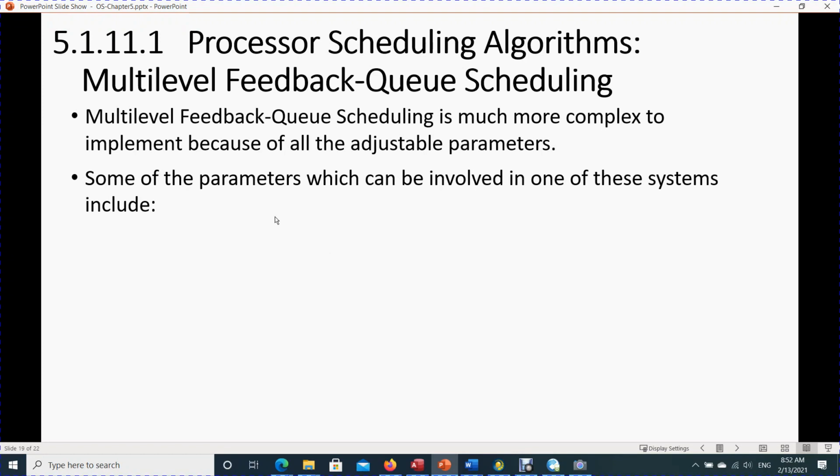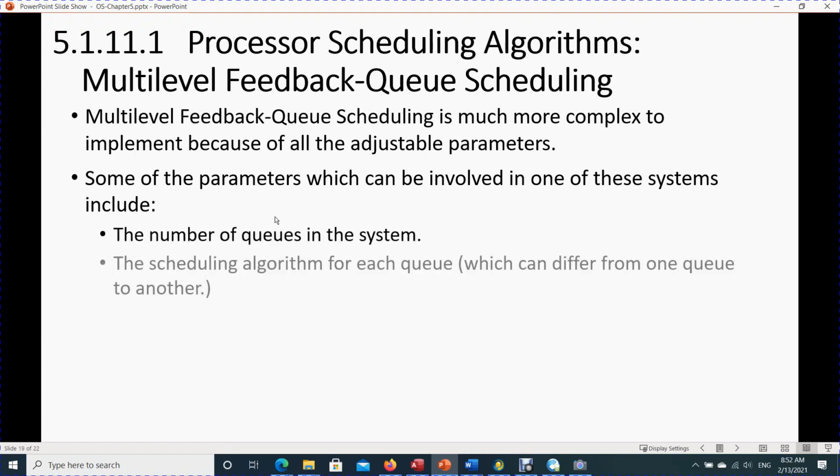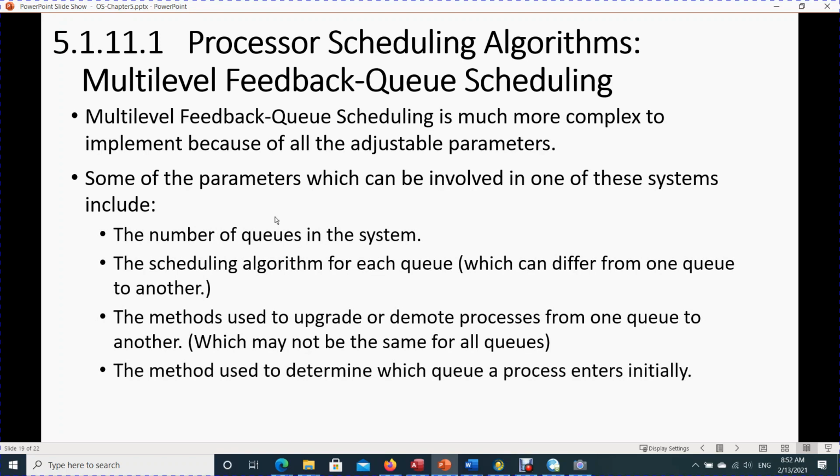Some of those parameters likely to be involved would be how many queues there are in the system, and what the scheduling algorithm is for each queue. They can be different from one queue to another. Also, how you go about upgrading or demoting a process, moving a process from one queue to another, and it might be different for different queues. And how do you determine which queue to enter a process in when it enters the system in the beginning?